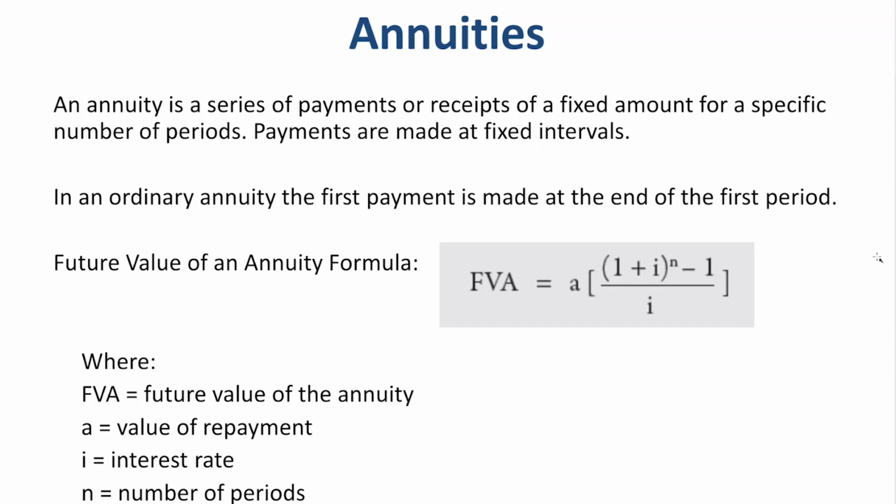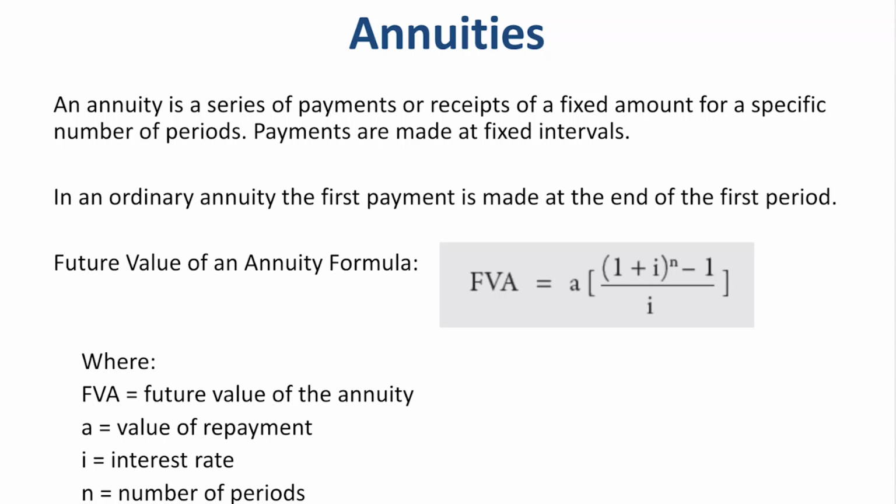So that's something called an ordinary annuity, which is the more normal way, where your interest payment is made at the end of the period. By formula, the future value of an annuity is the value of the repayment times 1 plus interest to the power of the number of periods to be compounded, minus 1, divided by I.